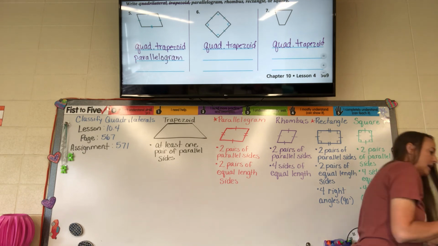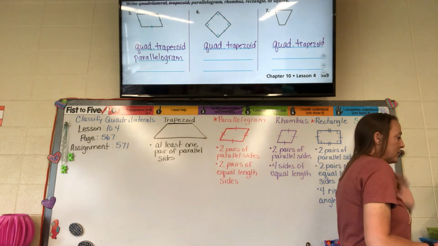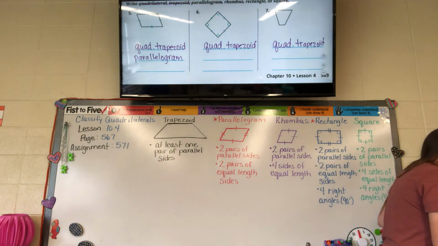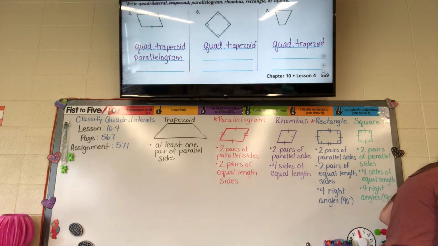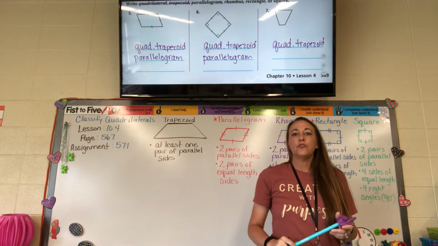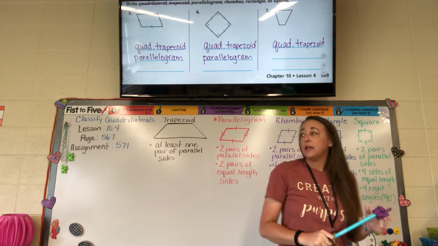Okay. Number 6 has two pairs of parallel sides and opposite side lengths are the same, so it is also a parallelogram. But number 7 only has one pair of parallel sides, so it is not a parallelogram.